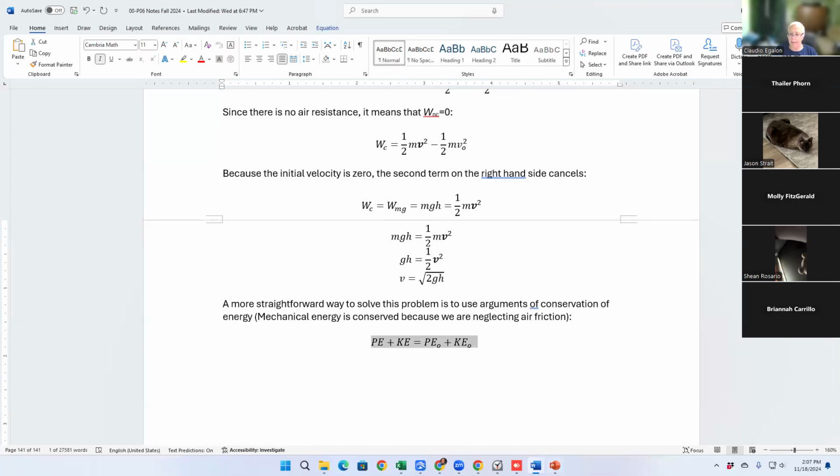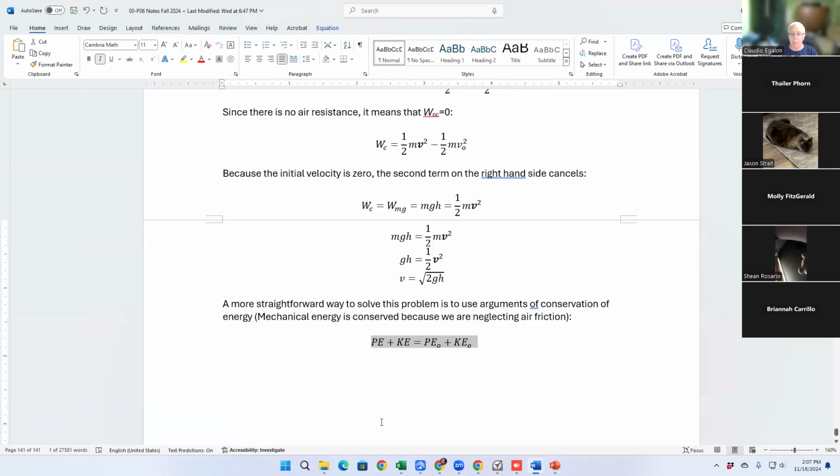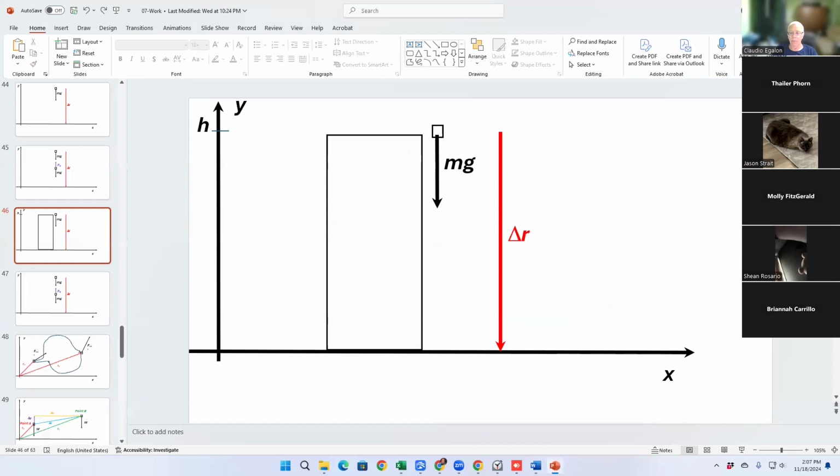Okay? And how do we do that? We go final potential energy. Go back here, right here. Remember that the equation for the potential energy is mgy, y being the height of the object.